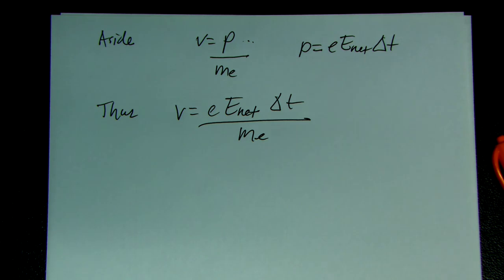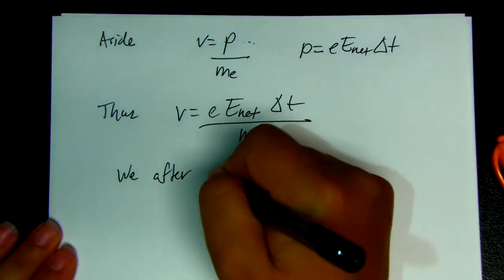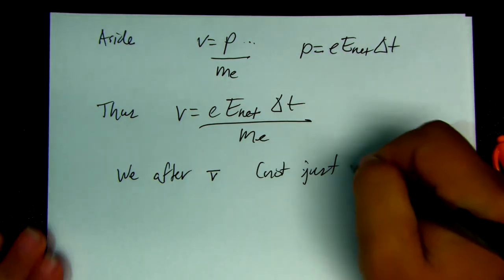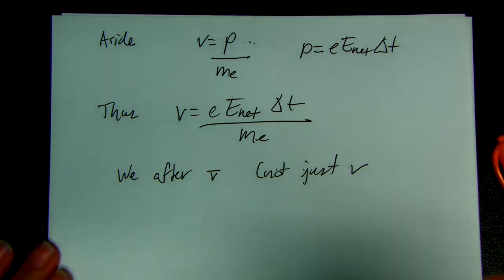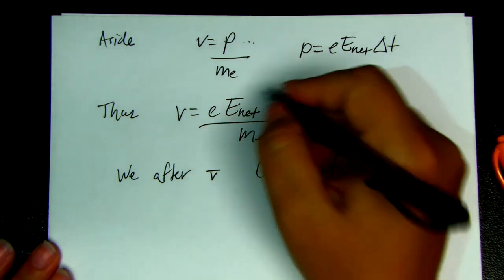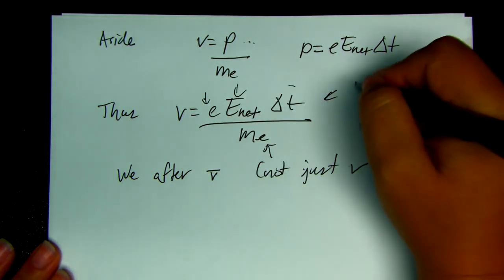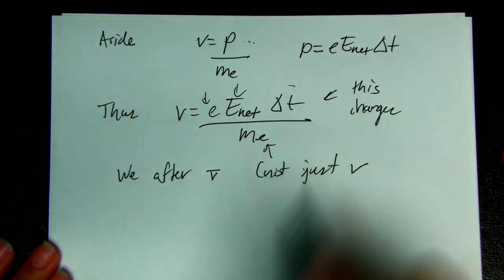Okay, so remember, we're after the average, V bar, not just V. So we need to think about the average delta T. This is the same, this is the same, this is the same, this changes, and this is what's going to drive that average.